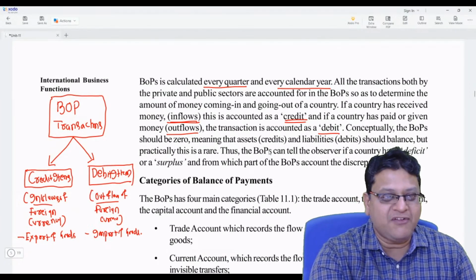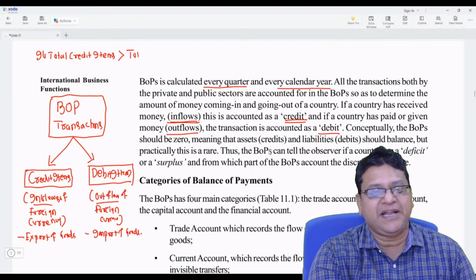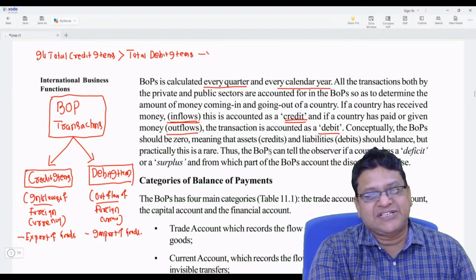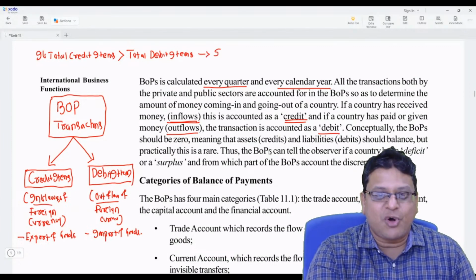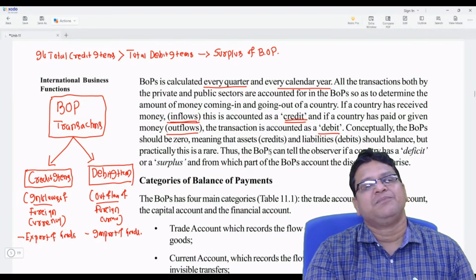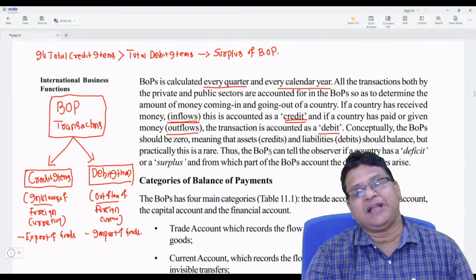If the total of credit items exceeds, is greater than, the total of debit items during a particular period, it results in a surplus of BOP. What is BOP surplus? BOP surplus occurs when credit items are more than debit items.